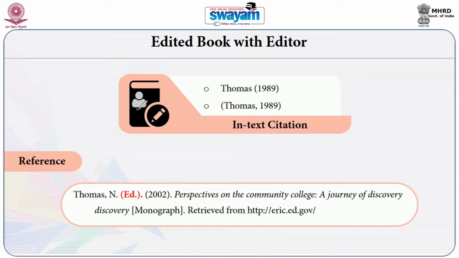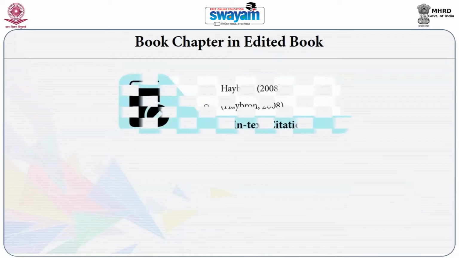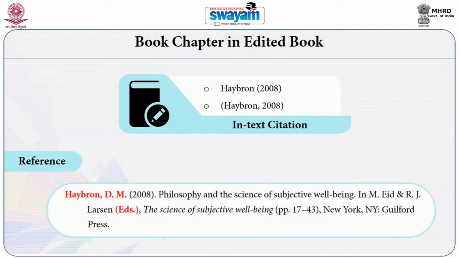For online edited book with editor, in-text citation is the same, but in reference after the name we put an abbreviation Ed. in parentheses or round brackets. Ed. is short form for editor. Check the example displayed. For book chapter in edited book, the in-text citation is the same.